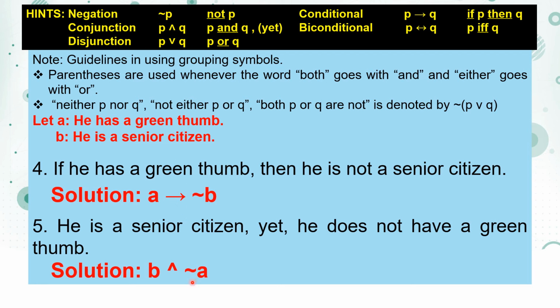So we write here, and it is the proposition A. He has a green thumb. So we have not A. So this mathematical statement is the translation of he is a senior citizen, yet he does not have a green thumb.